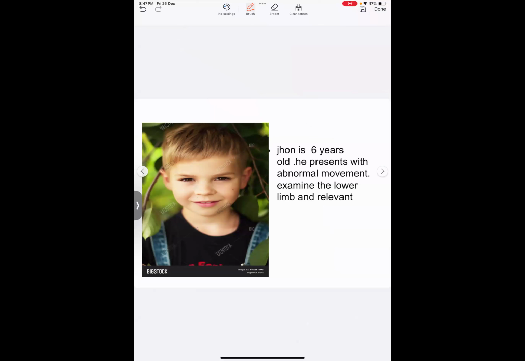I will involve a multidisciplinary team: neurologist, physiotherapist, occupational therapist, cardiologist, hematologist, nephrologist, and liaise with school. Why nephrologist here? Because nephrotic syndrome can also lead to stroke.